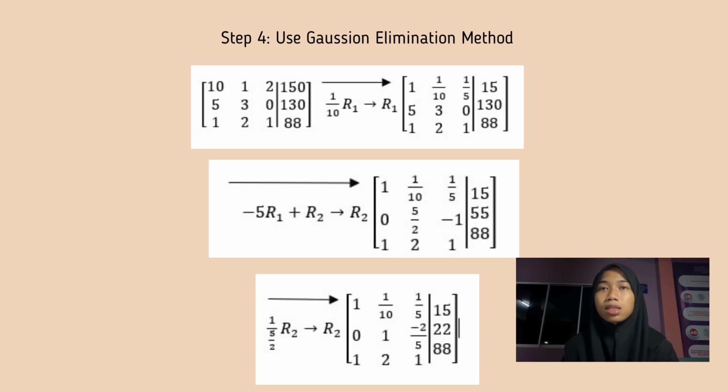So the answer is 0, 1 over 2, negative 1, and 55. Row 2 does not have a leading 1, so we need to change row 2 to get the leading 1. The calculation is 2 over 1 R2.